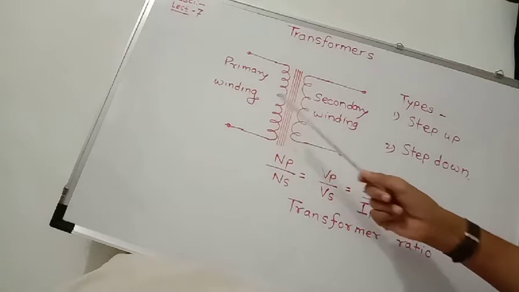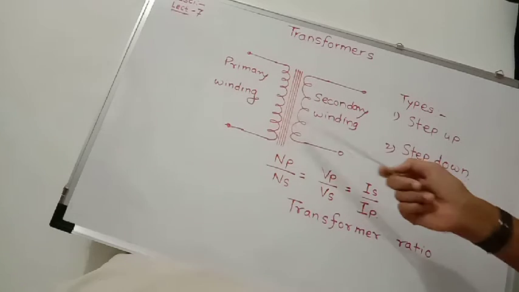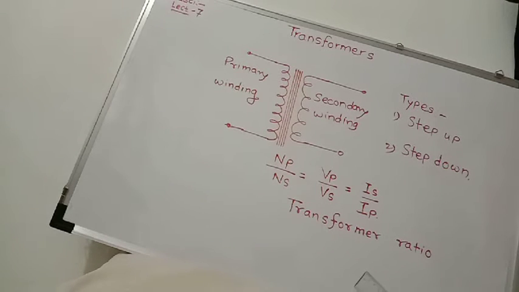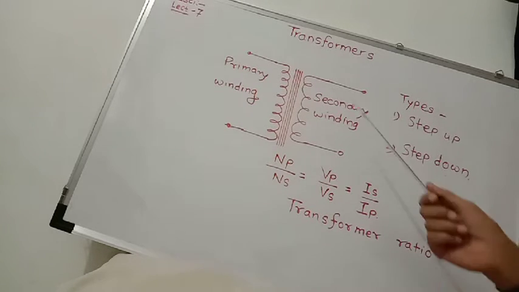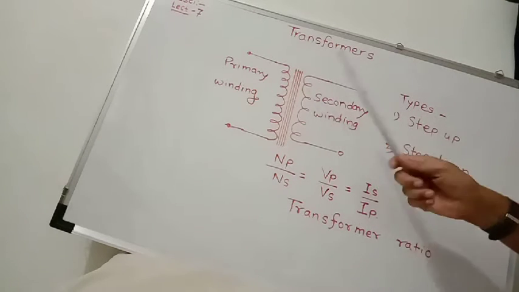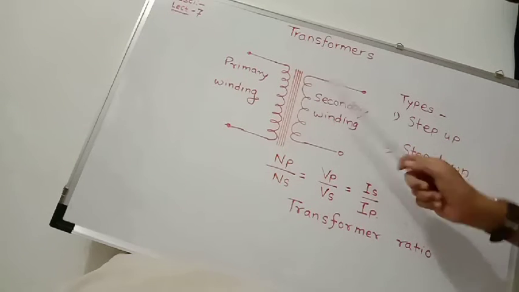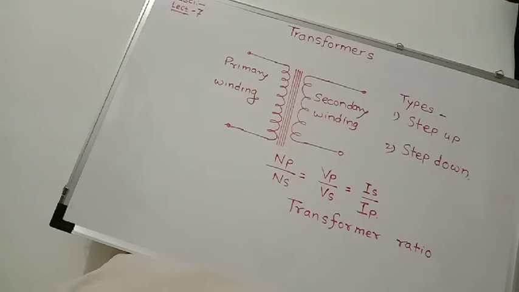So the transformer works on the principle of mutual induction, based on Faraday's law of electromagnetic induction. What is Faraday's law? Whenever there is a change in magnetic flux, an induced EMF is developed in the secondary winding.